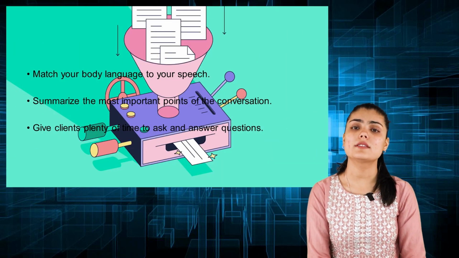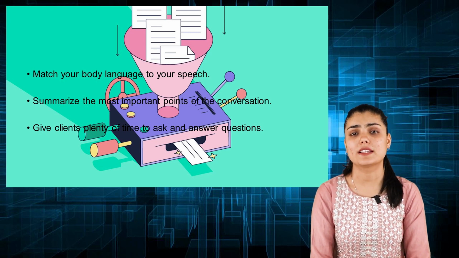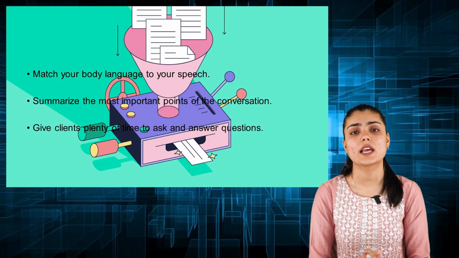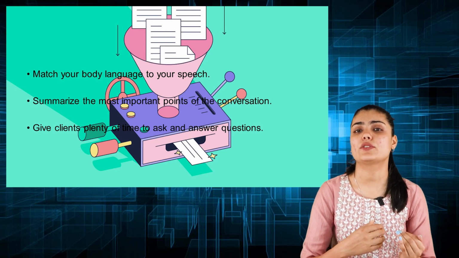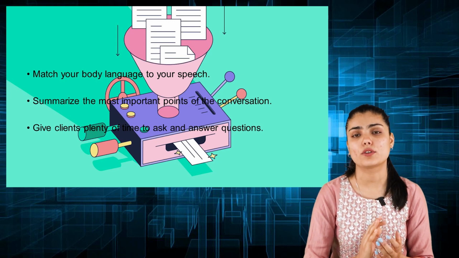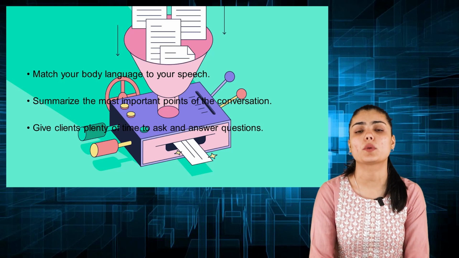Once your conversation is over with the client, you have to make sure that you have summarized the important topics of your conversation, which means whatever important things you have spoken to the client, you have to repeat those important points.